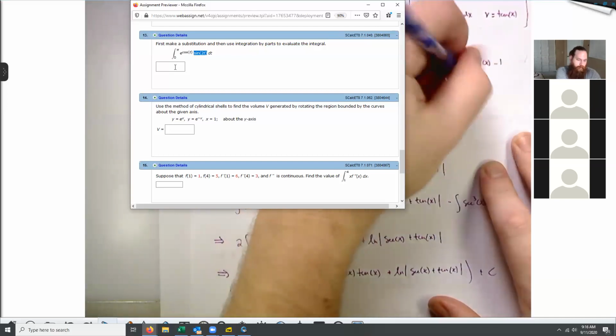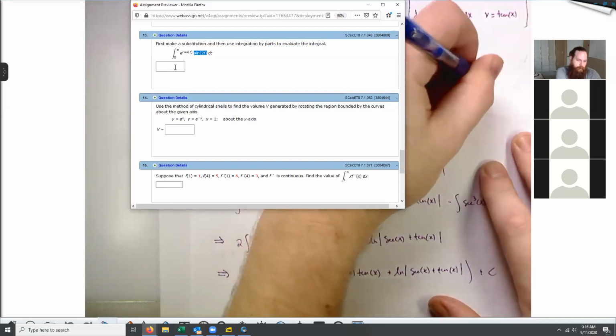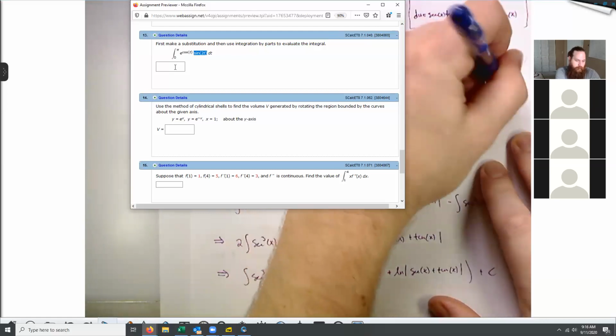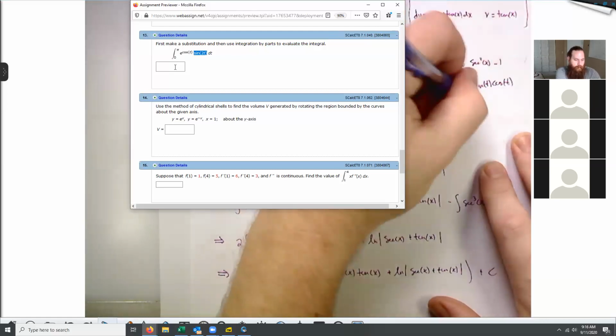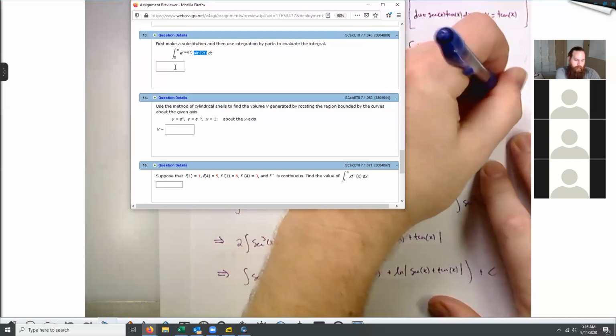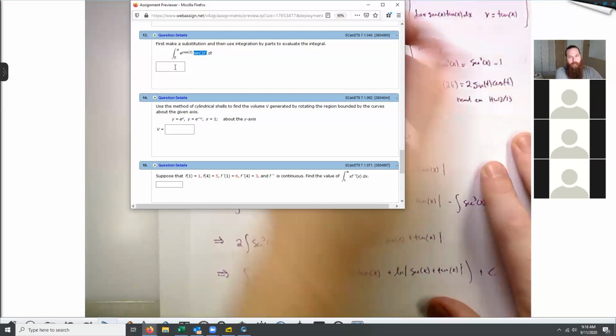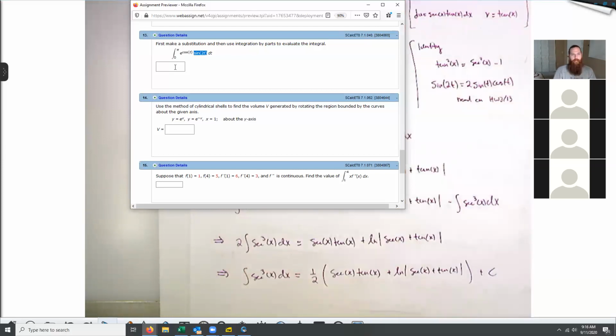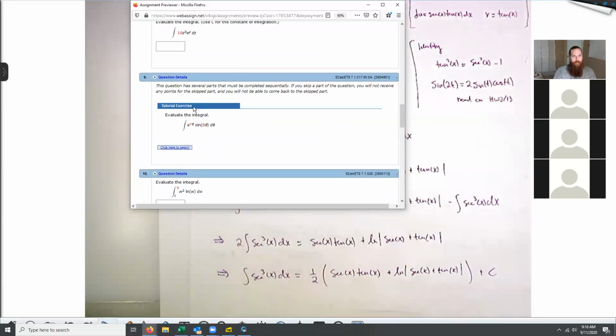Sine of 2t is 2 times the sine of t times the cos of t. You need this on 13. And then you make the substitution, x equals cos t, and this will become a damped harmonic oscillator. So 13 and 9 are both looping.